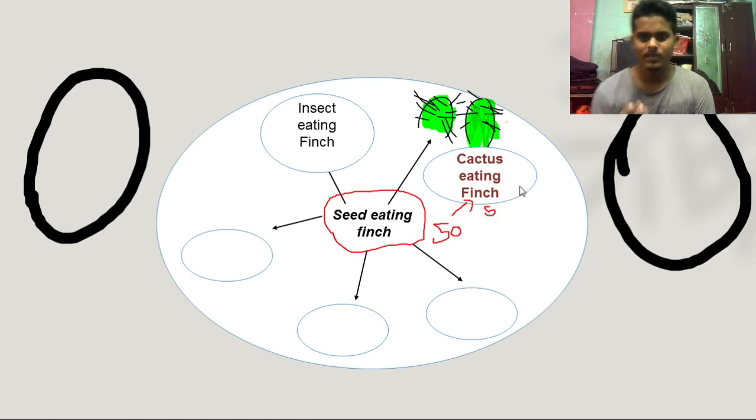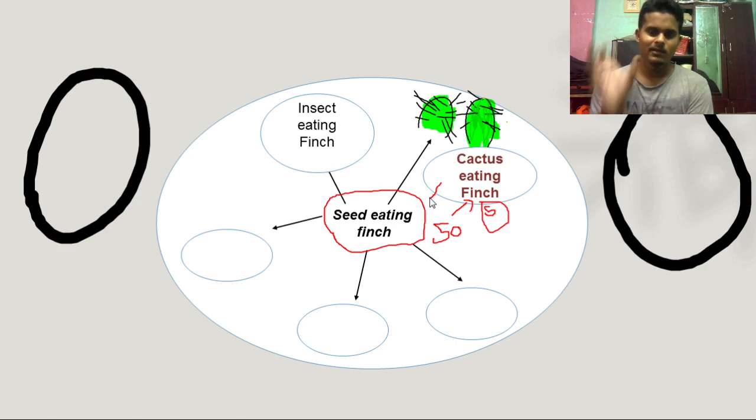Their beaks were finely adapted to eat cactus, so the 5 birds stay there, and the rest of the birds remain back in the original place. And in a bird population, they won't say, my girlfriend is in the cactus eating population, I also want to go there. They won't be like that.